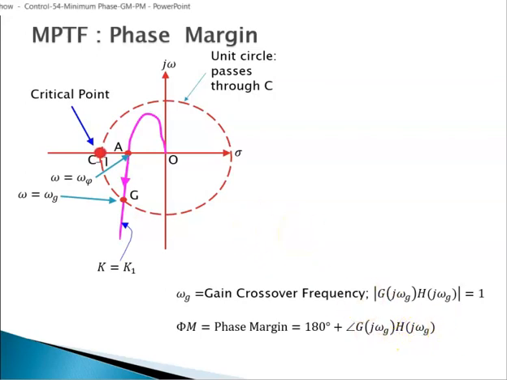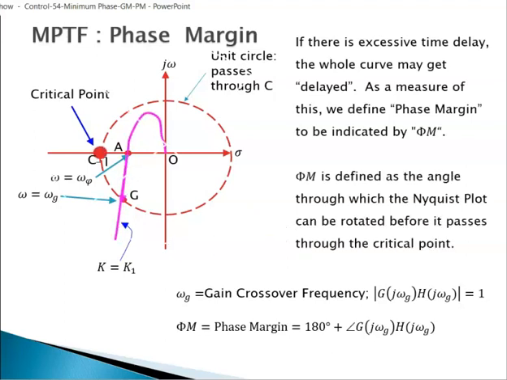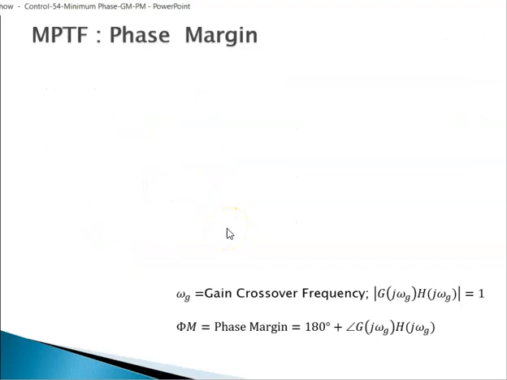We can give perhaps a physical interpretation if there is excessive time delay, pure time delay, that is dead time, as we call it. When the dead time increases, this curve rotates about the point O, as you can see here.